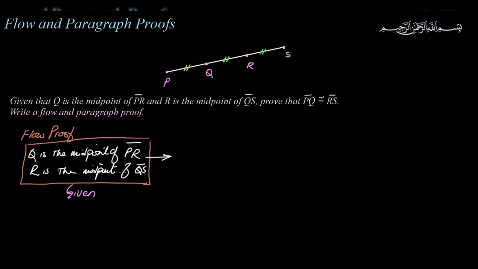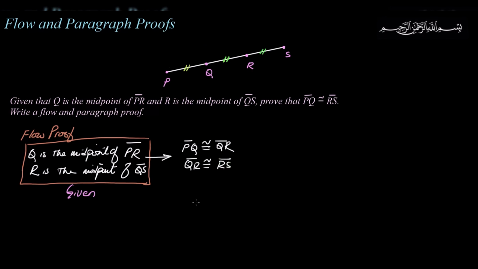Well, here we go. And from this, I'm going to be able to say the following. Well, if Q is the midpoint of PR, then I can say that PQ is congruent to QR. Okay? And I can also say that QR is going to be congruent to RS like this.